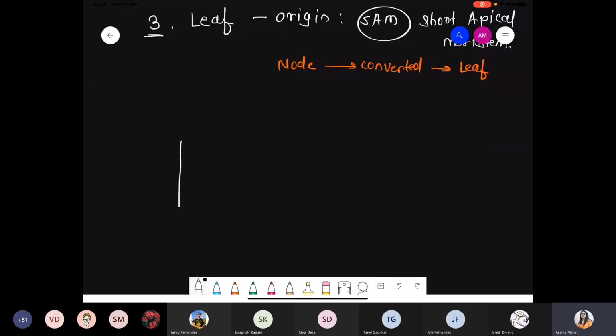Suppose this is the stem. From this stem, these are the areas like this.